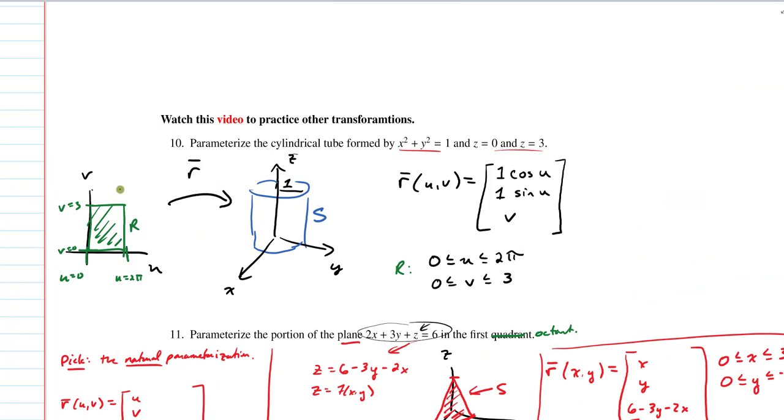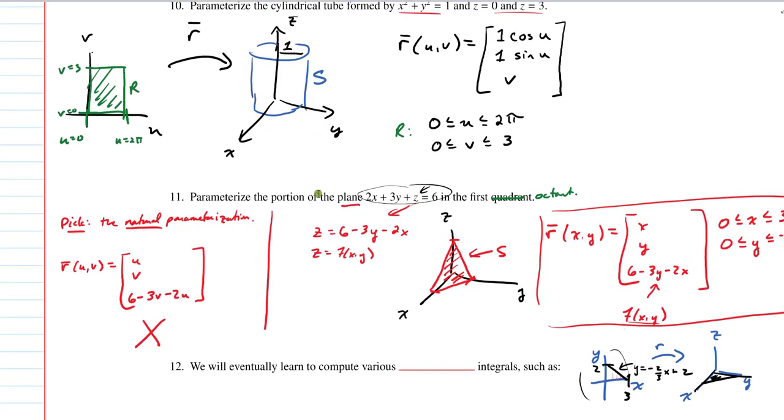When we use uv or r theta or something other than the variables that our surface is currently described in, we need to draw a separate domain space, and we think of morphing the region into that surface. We don't do the same thing when we pick this natural parameterization.